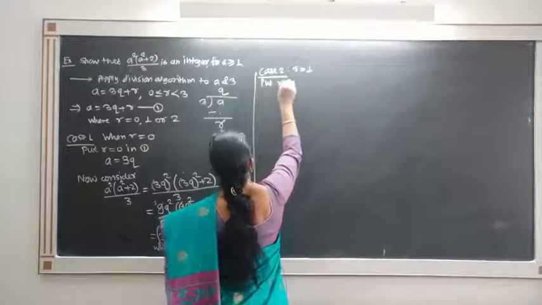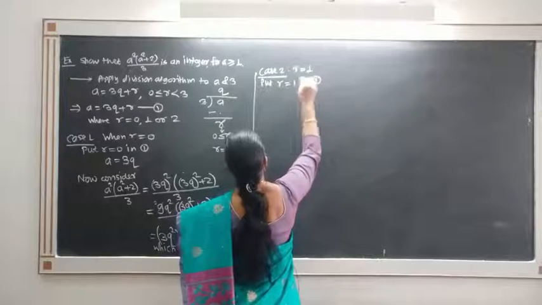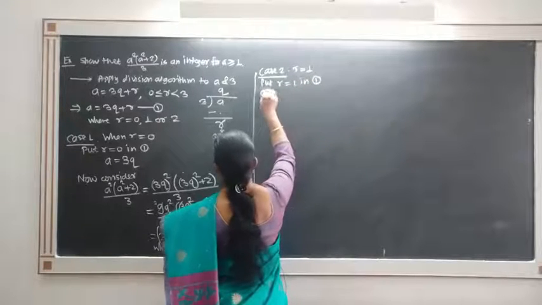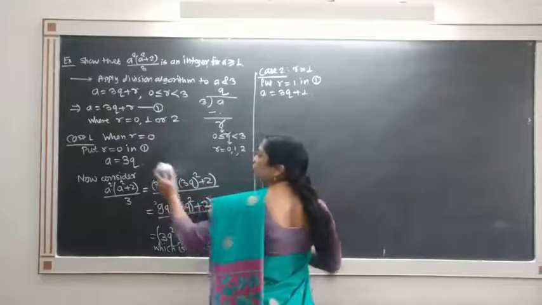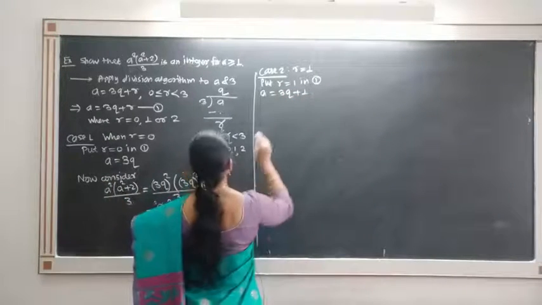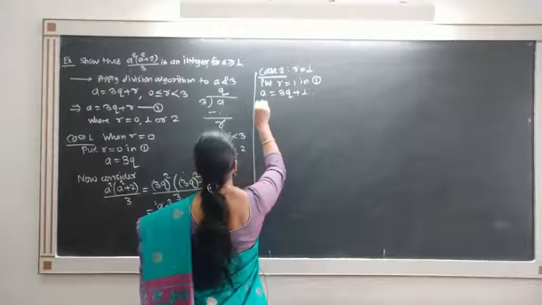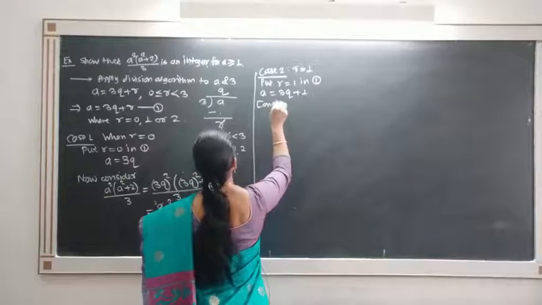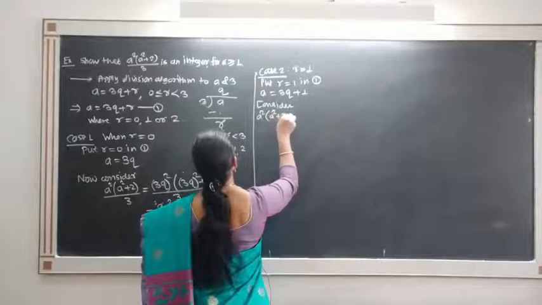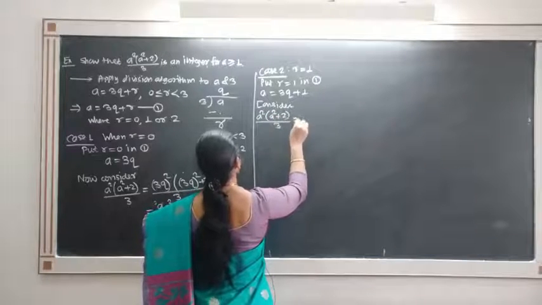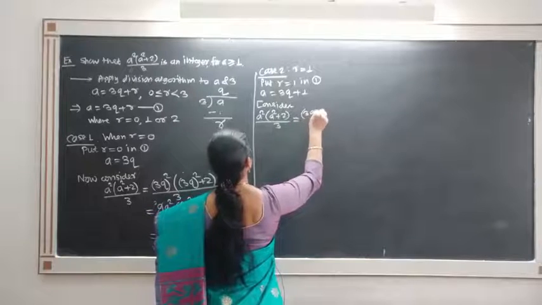So put r is equal to 1 in equation 1. We get a is equal to 3q plus 1. We want to find the value of a square into bracket a square plus 2 by 3. So consider the term a square plus 2 divided by 3, where a is 3q plus 1.